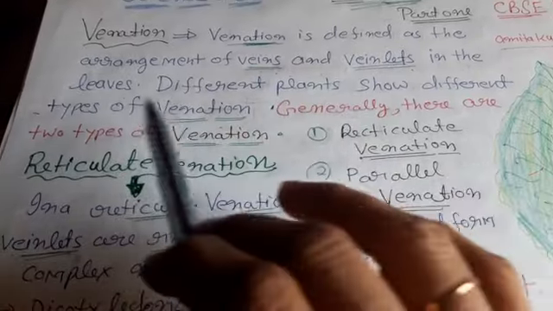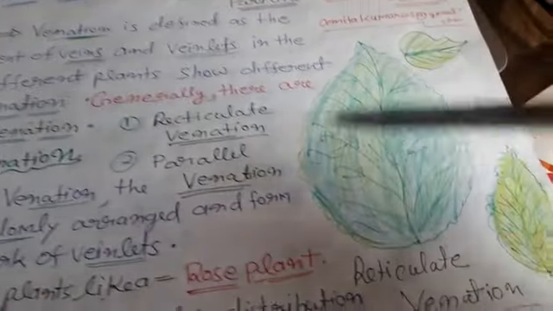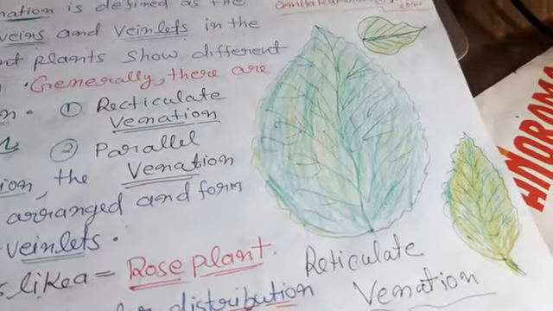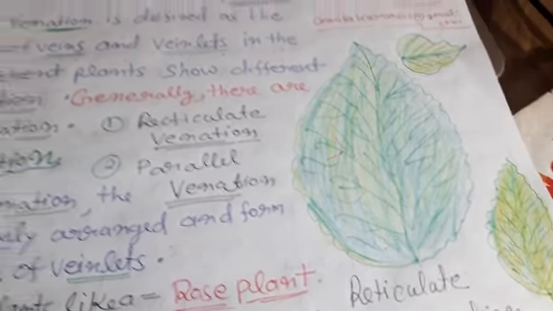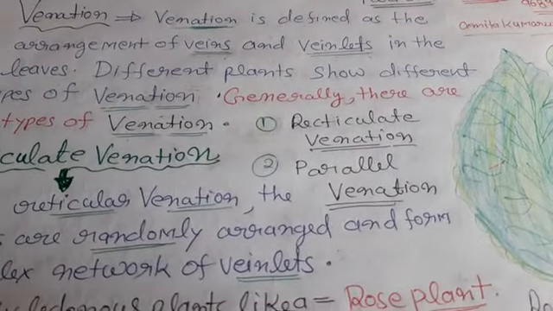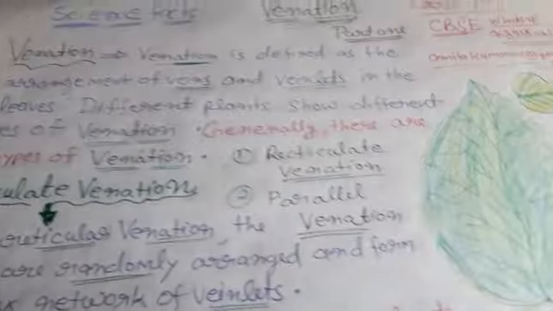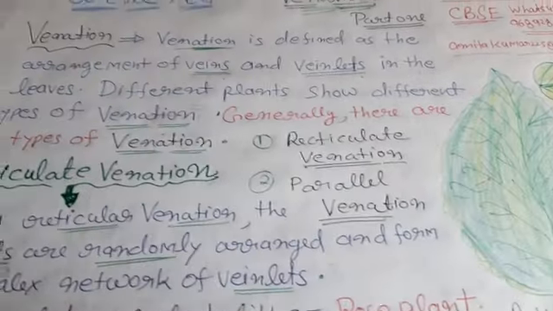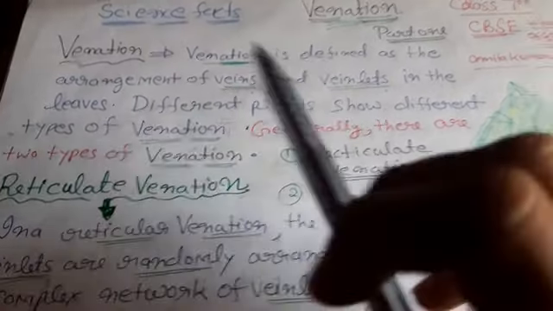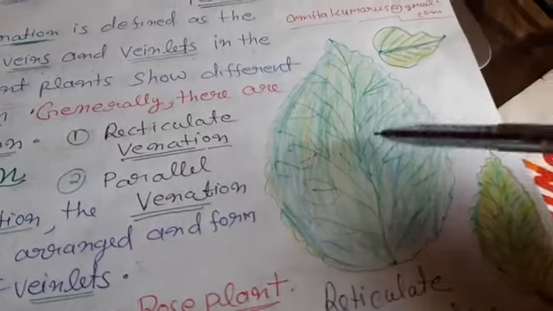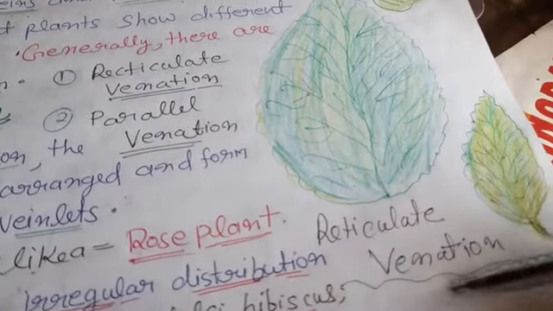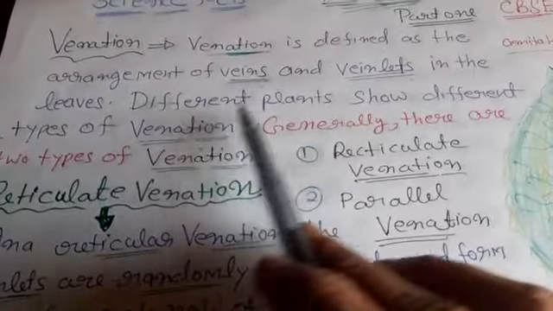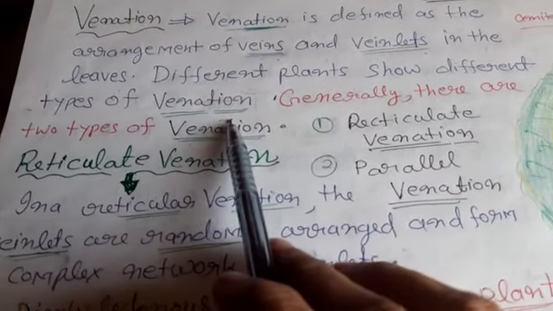Different plants show different types of venation. There are lots of plants found in our surroundings, and their different leaves have different types of venation, or arrangement of veins. Here we only discuss reticulate venation.